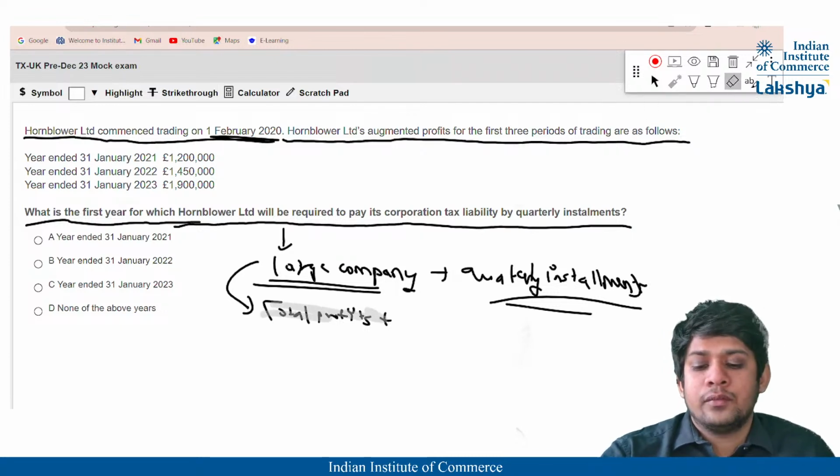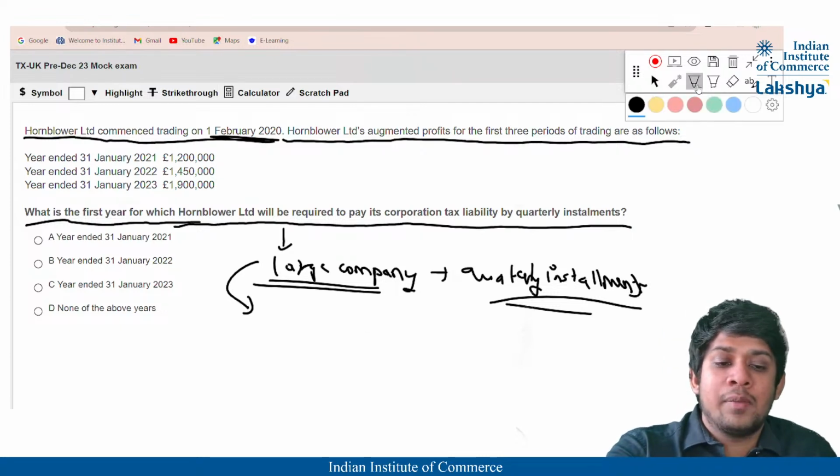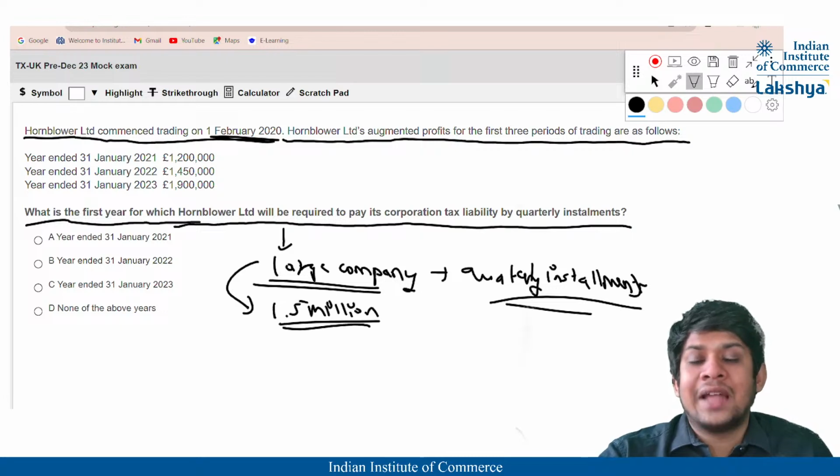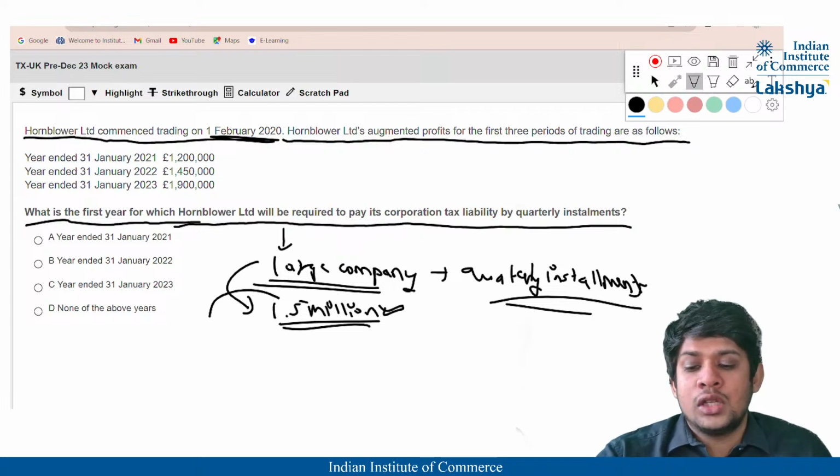So, if her augmented profits exceed 1.5 million at the start of the year, that means in the previous year she had already exceeded 1.5 million, and in this year also she is expecting to exceed 1.5 million, then she will be classified as a large company. So in the previous year she should have exceeded. Then in this year, she will be classified as a large company.